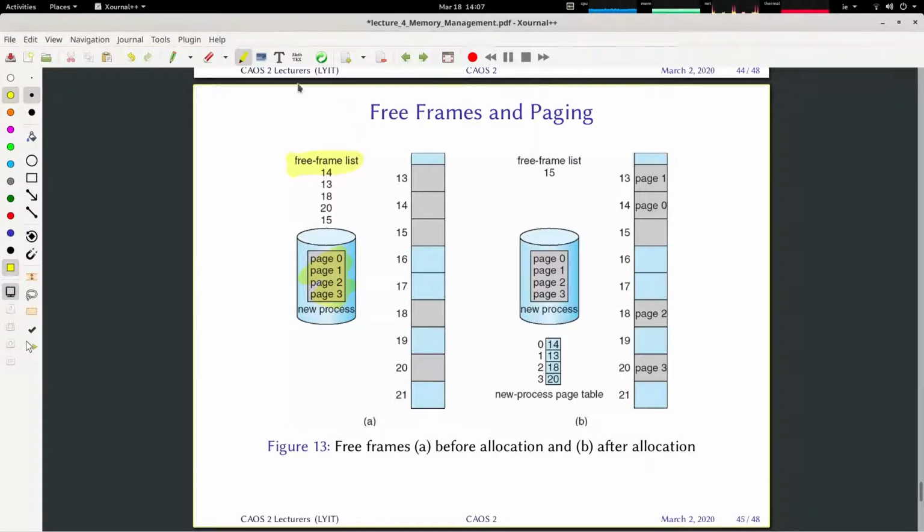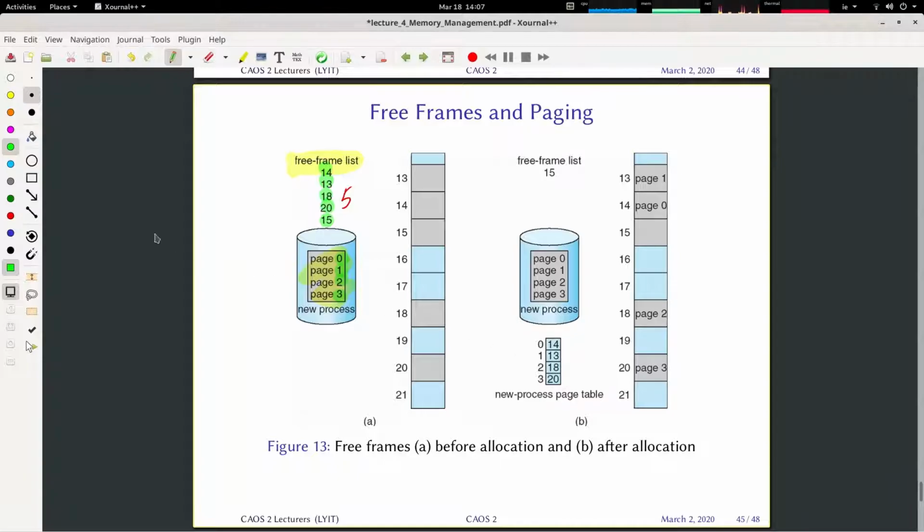So what the kernel does is it comes along and it looks at the available free frames. We can see that this process needs 4 pages to be loaded in. There are 5 frames available. So what then happens is that the process finds that its pages are copied in to available frames.